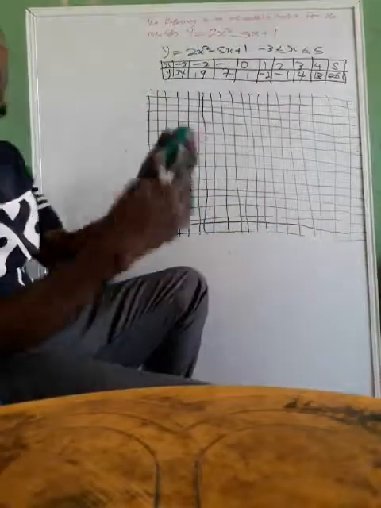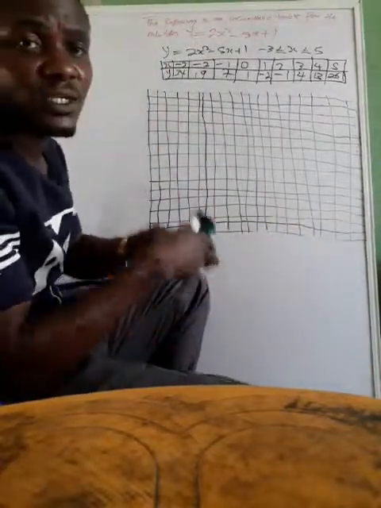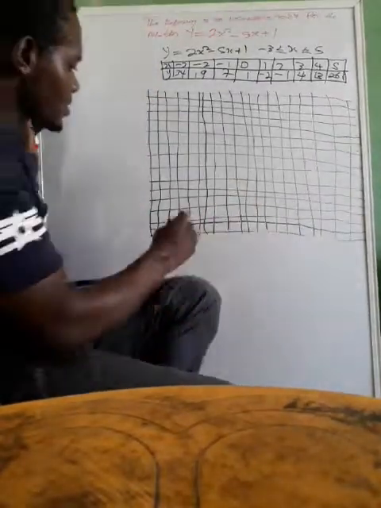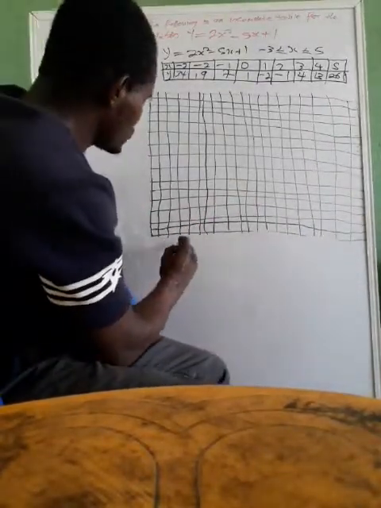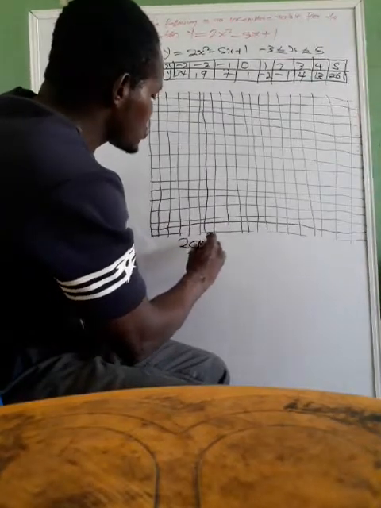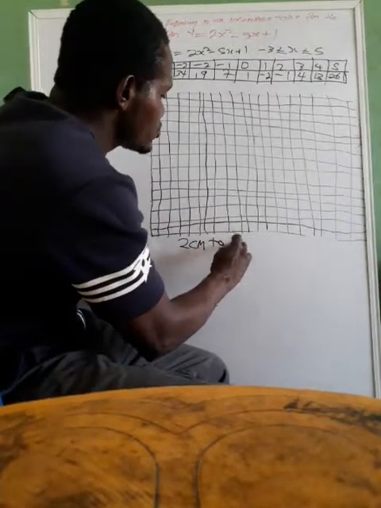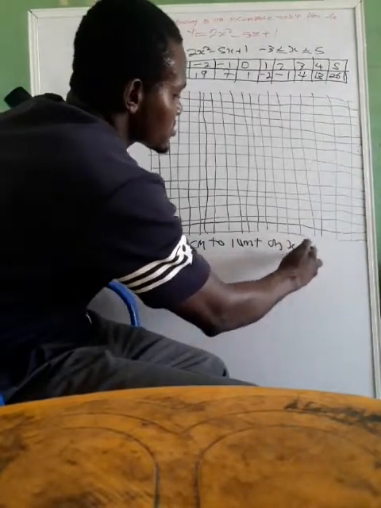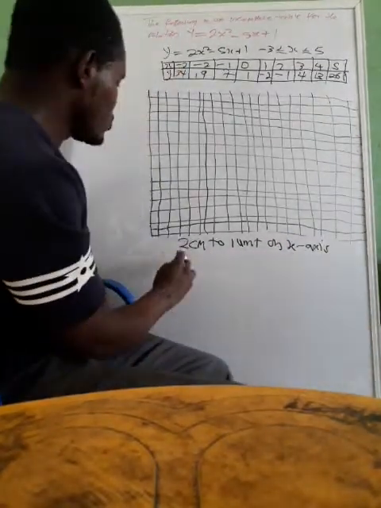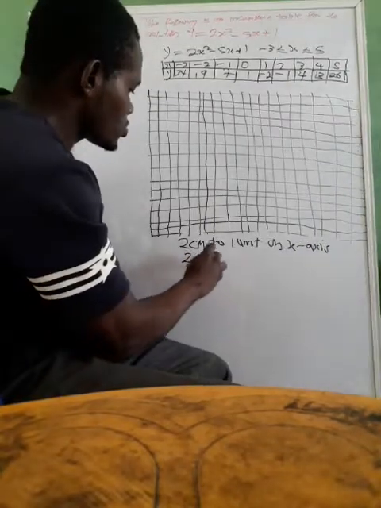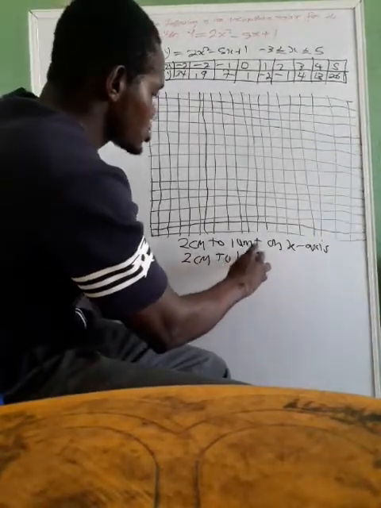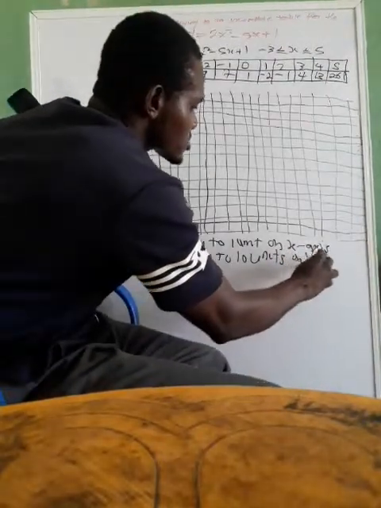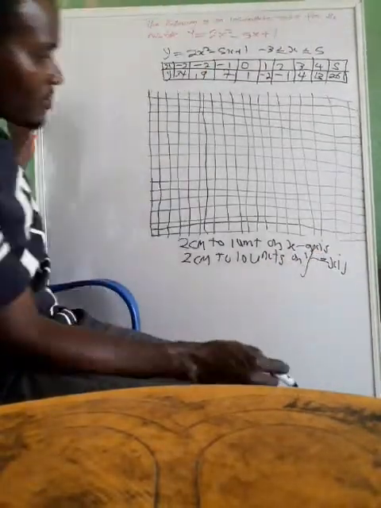Now let's look at the scale we have already been given. The scale says we should use 2 centimeters to 1 unit on the x-axis, and 2 centimeters to 10 units on the y-axis. So I hope you are getting it now.